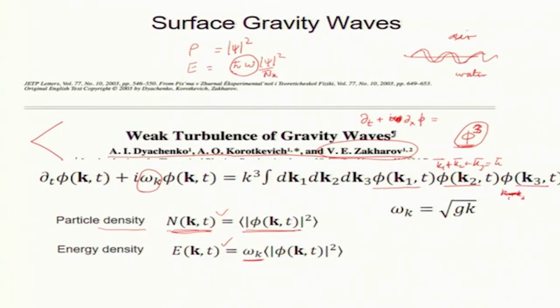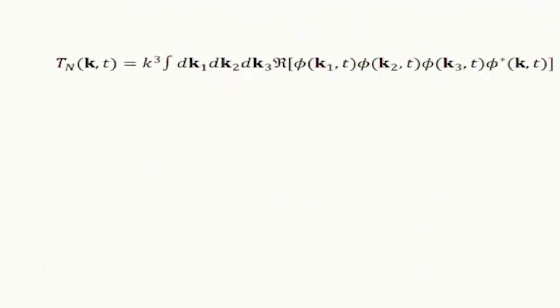Okay. So, now let us look at it, it is easier to derive the formula for n k, the evolution for n k. So, if I derive it, then I get d by dt of n k, which is d by dt of phi k multiplied by phi star k, and add the complex conjugate. So, what is going to happen in this process?